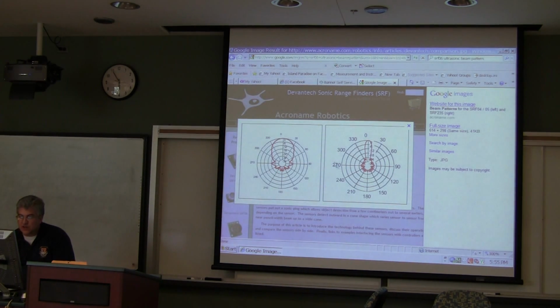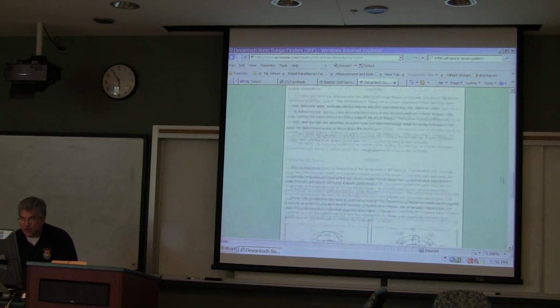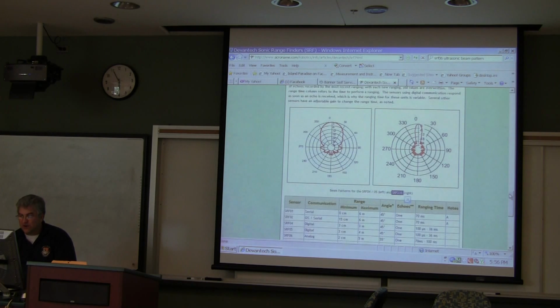So in this case, maybe this is a nicer one to use because, wow, that's like 15 degrees. So this is the beam pattern for the SRF 4 and 5, as opposed to this one, which is the SRF 235. So the advantage of that is you've got a lot better range.